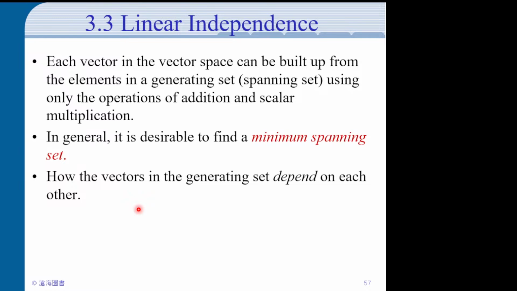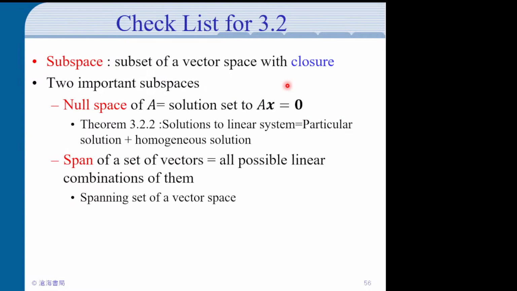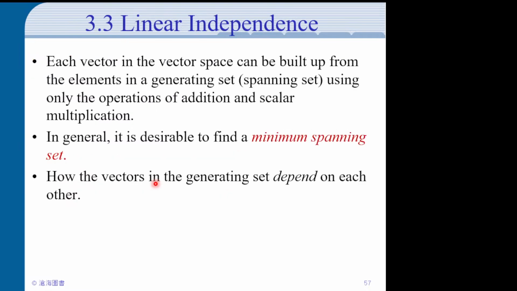So what do we mean? If we have a vector space spanned by some vectors, then obviously, by definition, every vector in your vector space can be written as a linear combination.